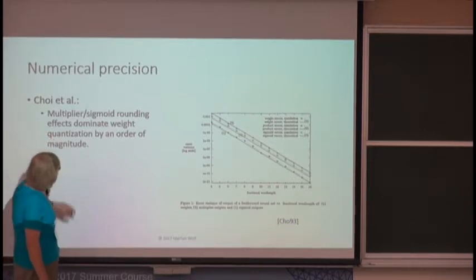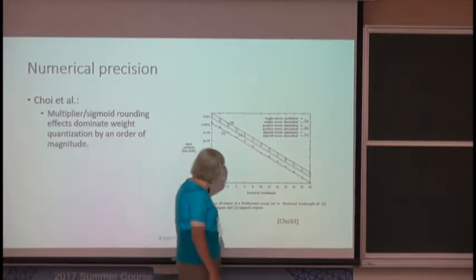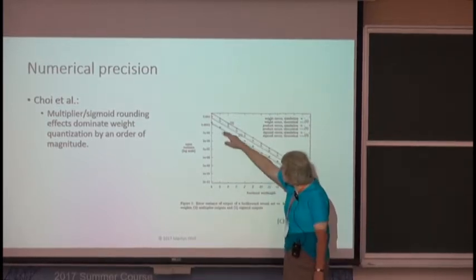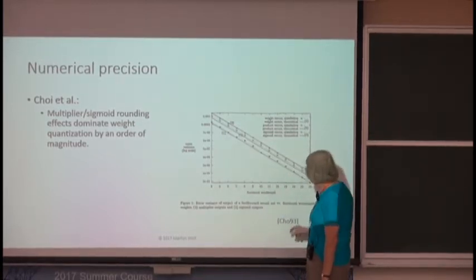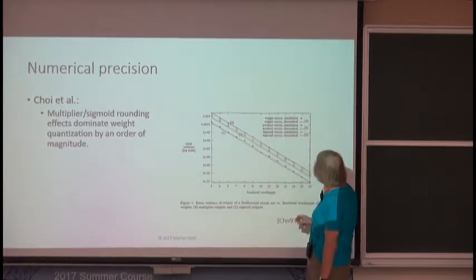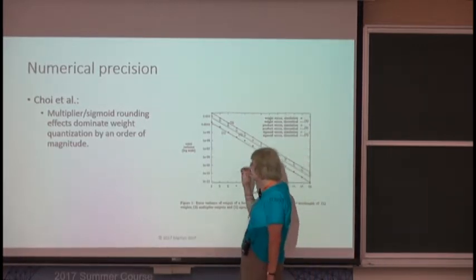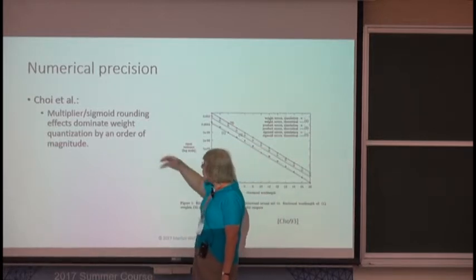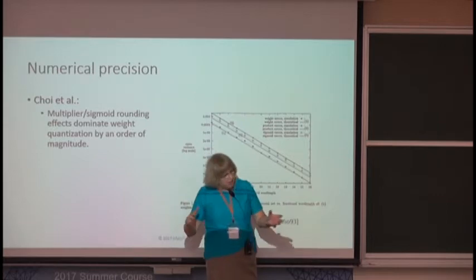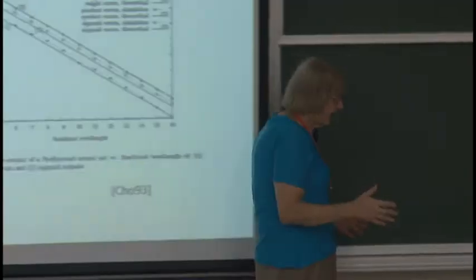So these guys showed that, well, this plot shows you the error variance as a function of word length. And they showed that rounding effects are more important than the number of bits.